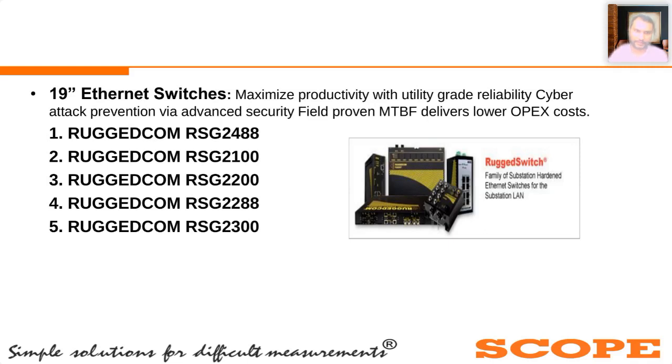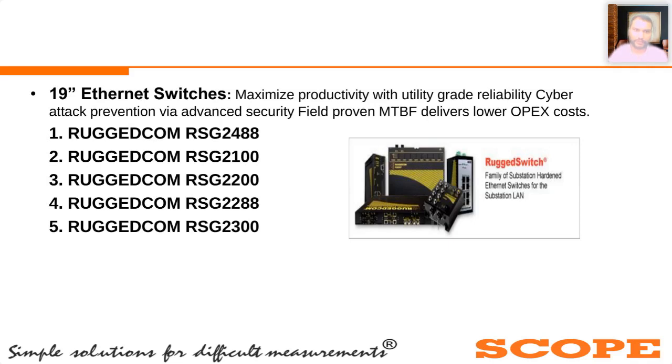The RSG 2100 is the most popular and widely used switch in industries and utilities. It has 19 ports: 16 normal 100 Mbps ports and up to 3 gigabit speed ports, which can be either Ethernet or FO.